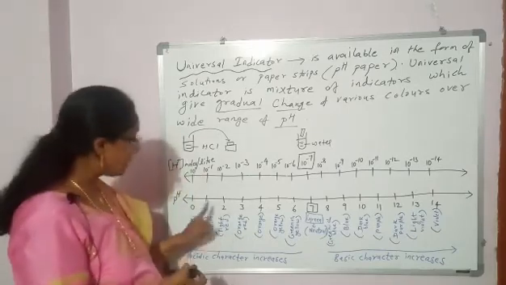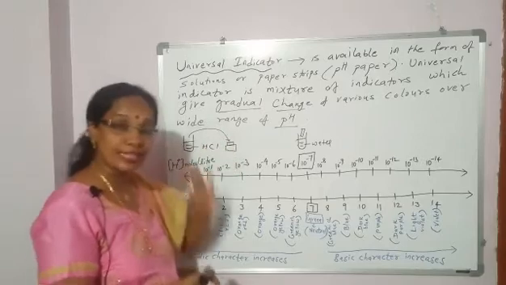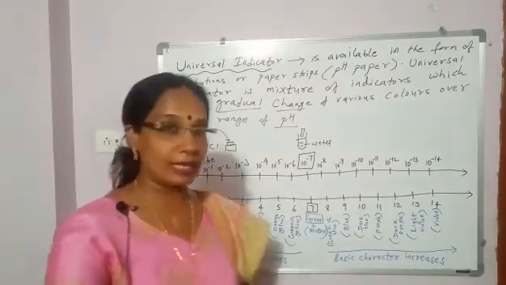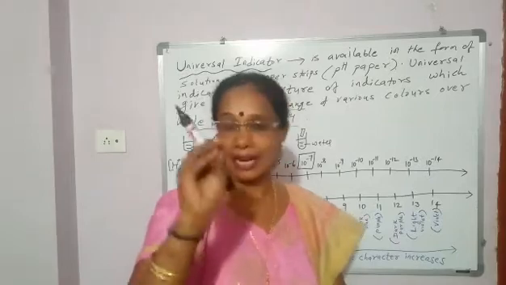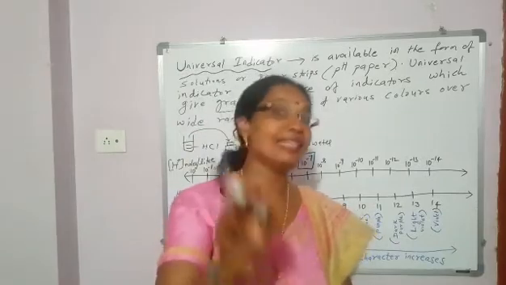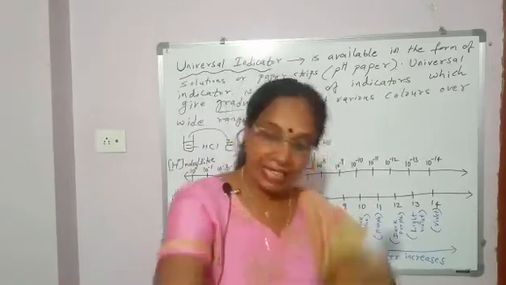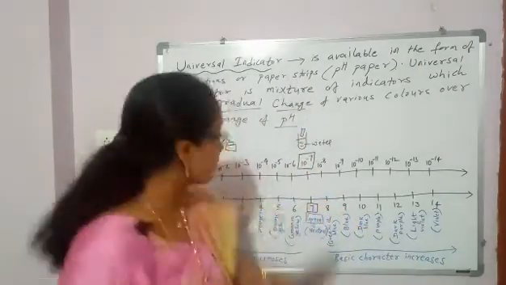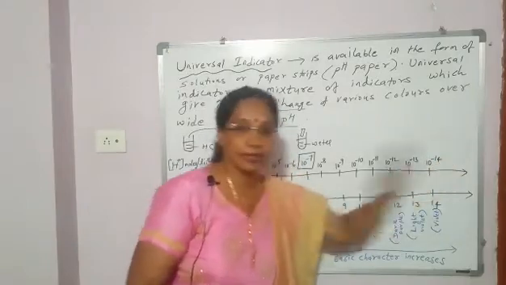Or if it is red or light red, then the solution is moderately acidic. So by the gradual change in color with pH, you can identify whether the given solution is strongly acidic, weakly acidic or moderately acidic. Likewise, come to basic solution.